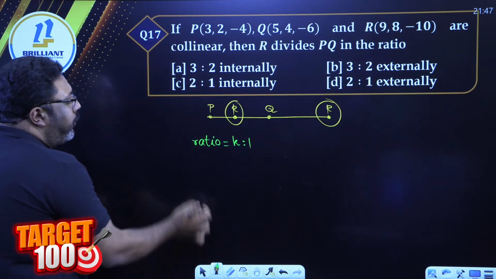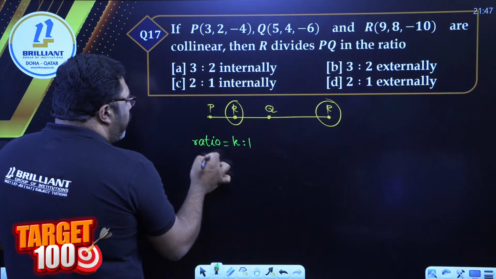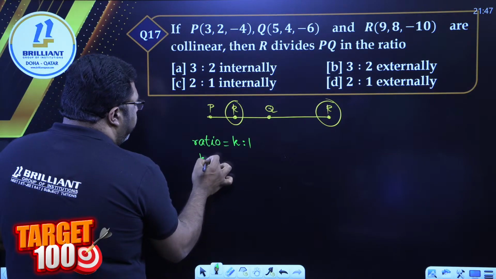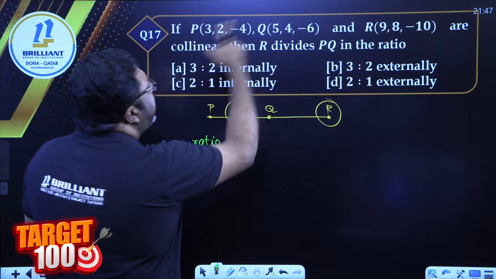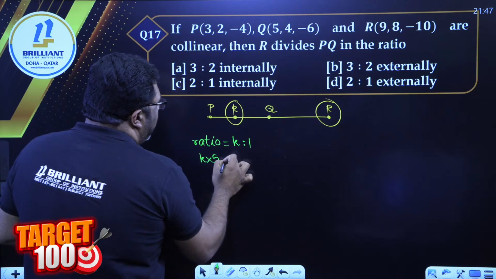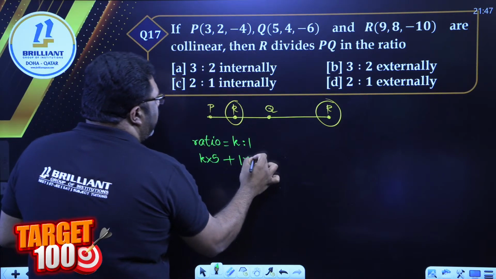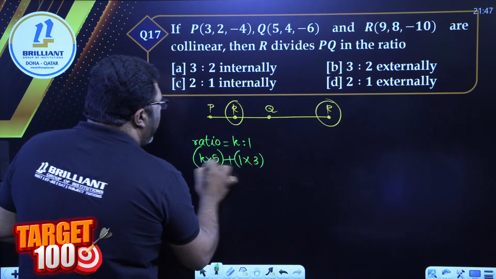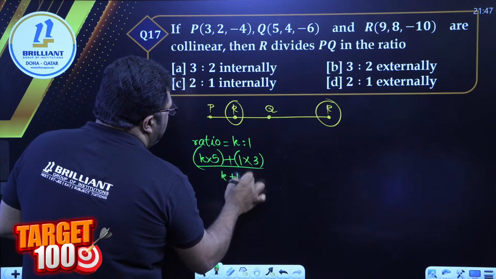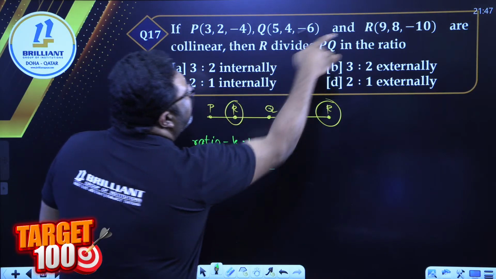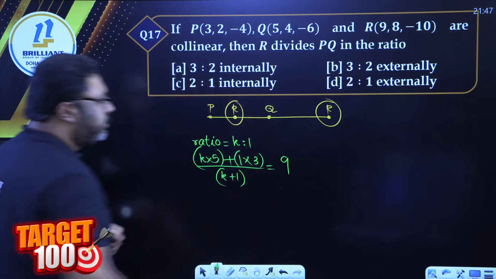We know the formula for division, right? You multiply the first part of the ratio K with the second point 5 and multiply the second part of the ratio 1 with the first point 3, divided by K plus 1, which will give you the first coordinate of R, which is 9.